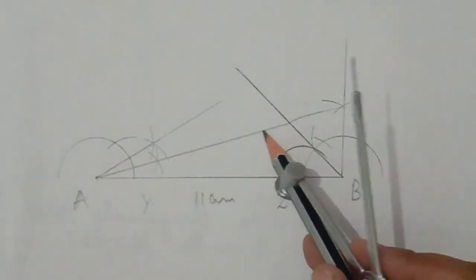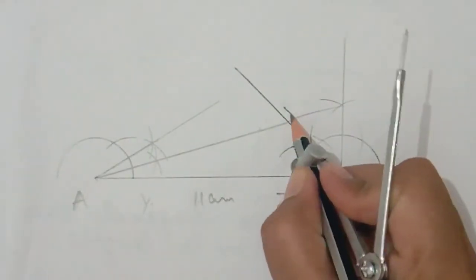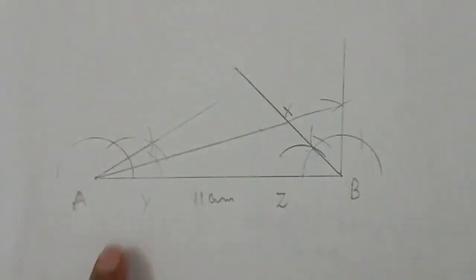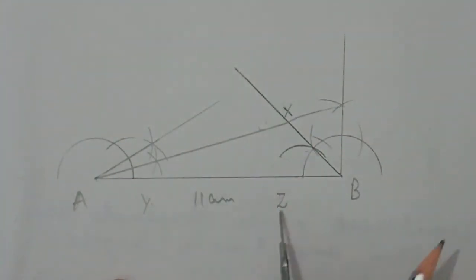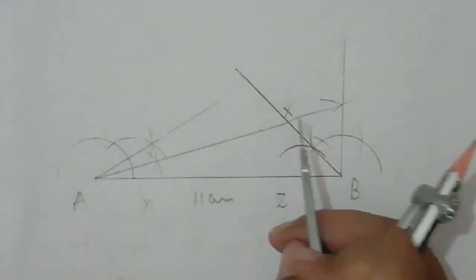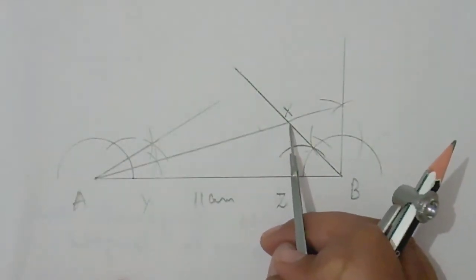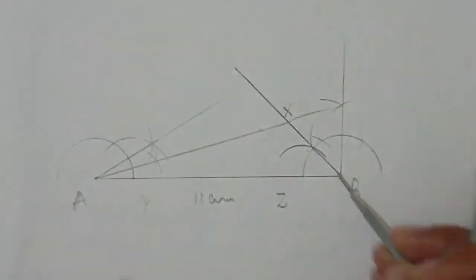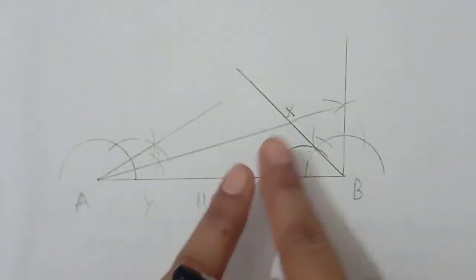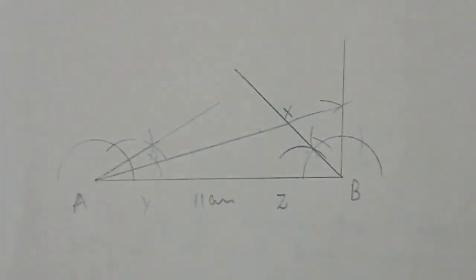Where they cut each other at a point, we will mark it as X, because the required triangle is XYZ. Y is already fixed, Y will be here, and Z is already fixed, Z will be here. So only X vertex is left. When two angle bisectors cut each other, then the third vertex of the required triangle will be made.